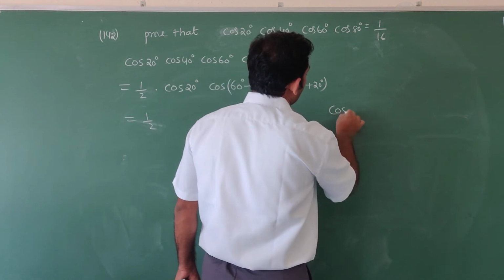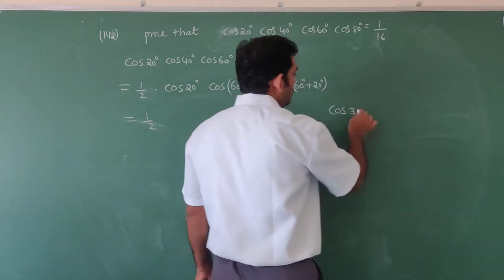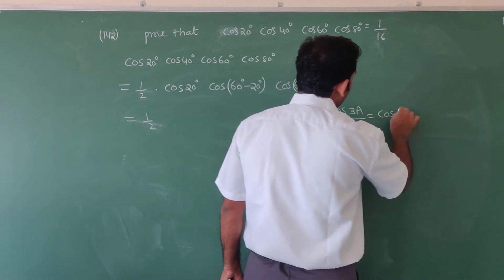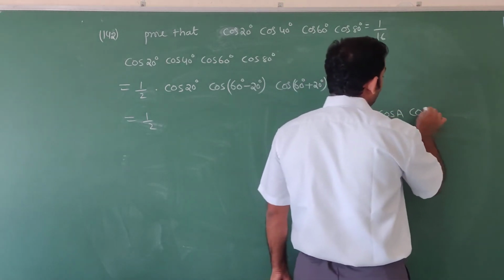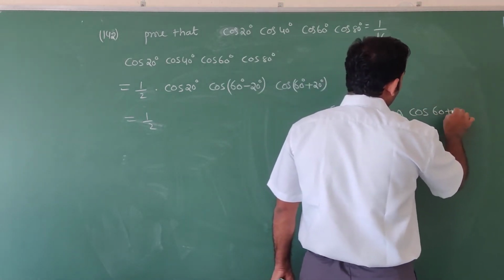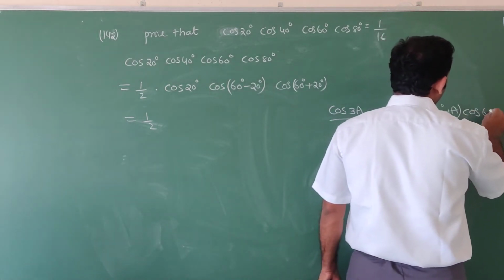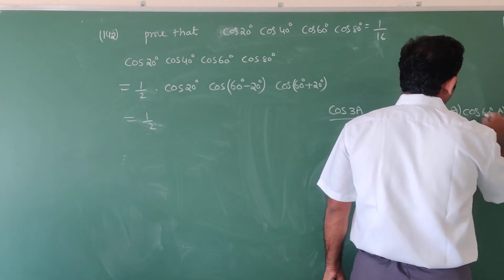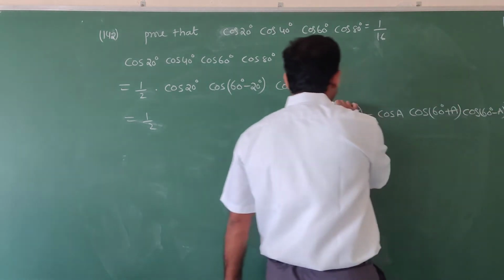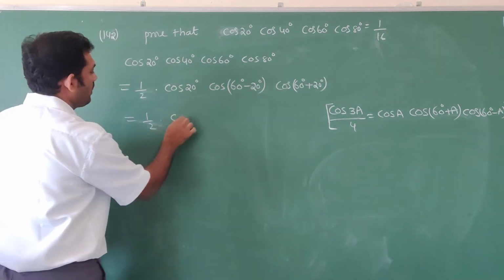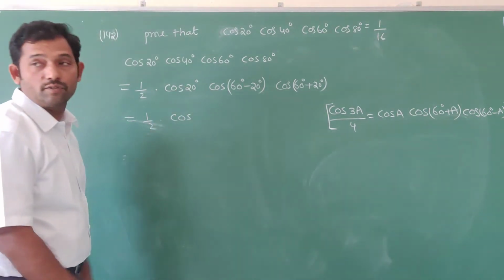So 1 by 2 into this: cos 3A by 4 equals cos A cos(60 plus A) cos(60 minus A). Here A is equal to 20 degrees.